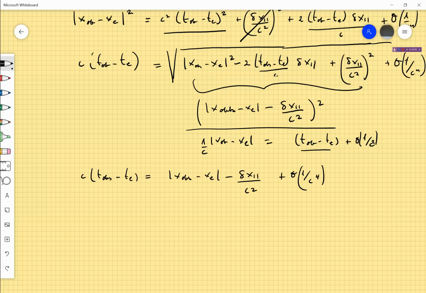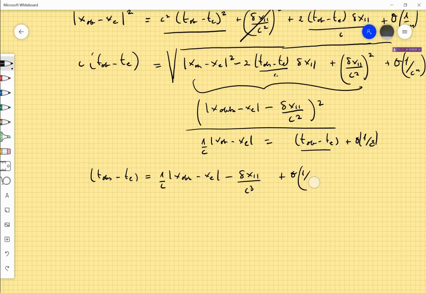Now we have an expression for delta x parallel, the longitudinal displacement, and we plug it in here. But let me first divide everything by c. We are interested in this difference, not the difference multiplied by c.